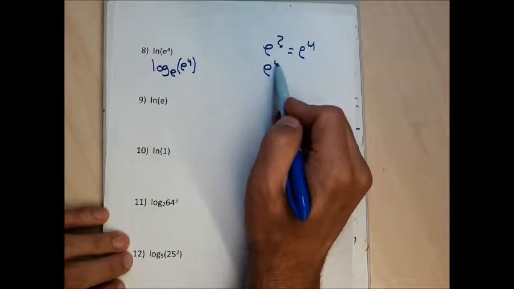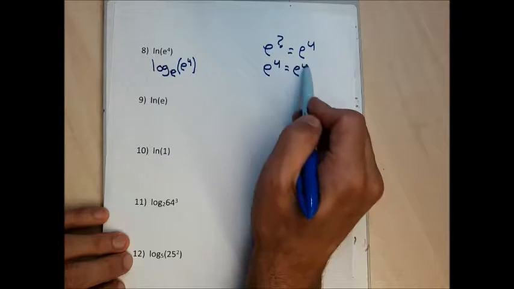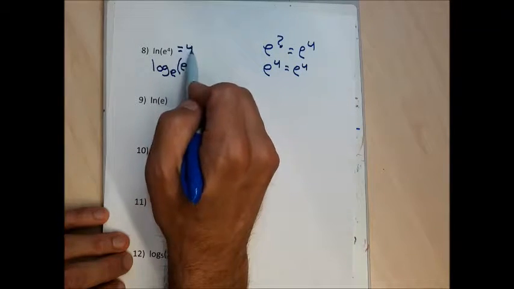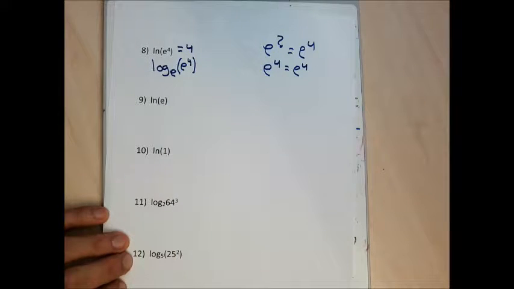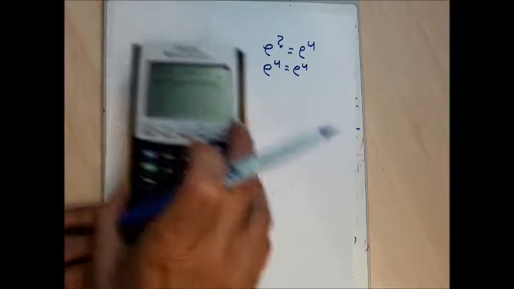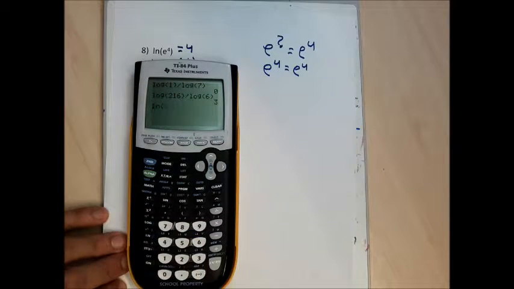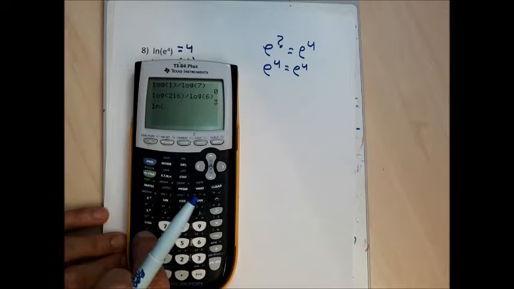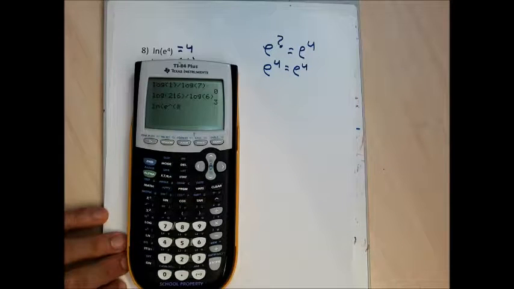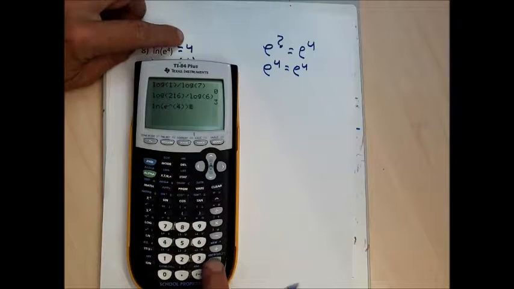And I know that e to the 4th power is equal to e to the 4th. So the answer to this is 4. My calculator works so nicely with ln's. To do this on my calculator, I would hit the ln key, and then second and the ln key to get an e with an exponent. I'll type the number 4 and close the 2 left parentheses, and my calculator will come back with the answer of 4 just fine.